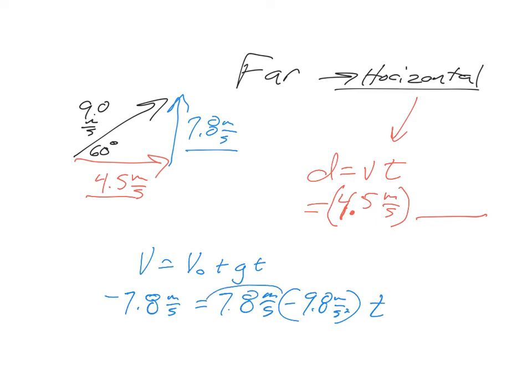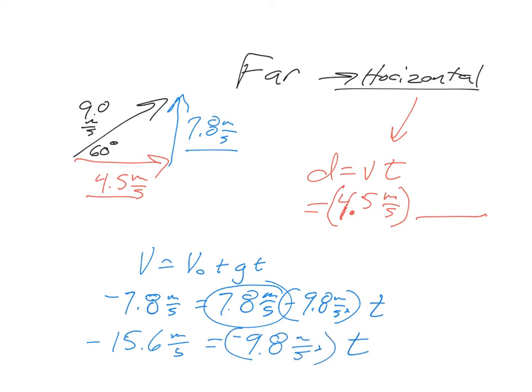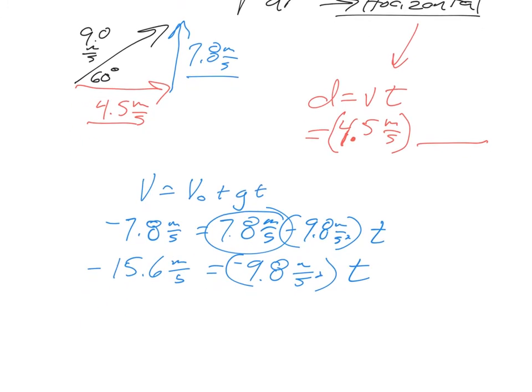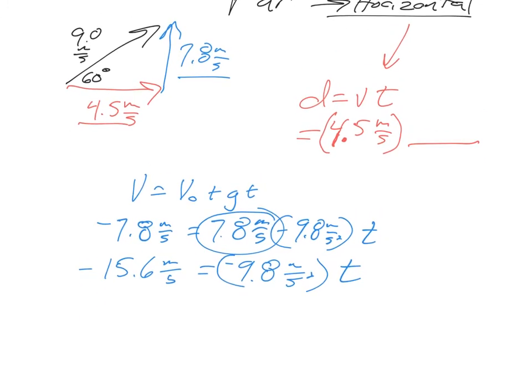I'm going to take this 7.8 and subtract it from both sides and get 15.6 meters per second, and that equals negative 9.8 meters per second squared, and that's times time. Let me give myself a little room here. And how do I get t all by itself?